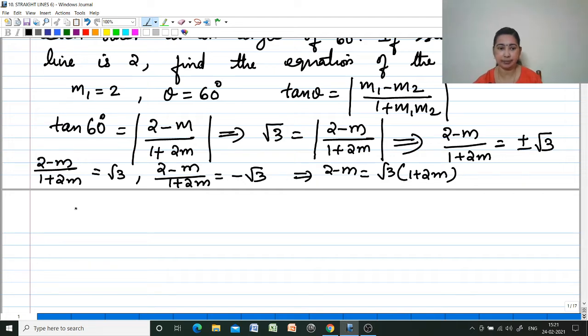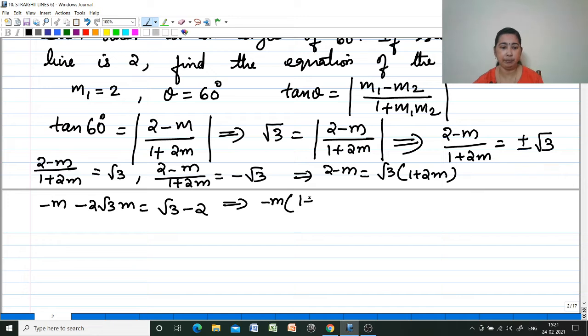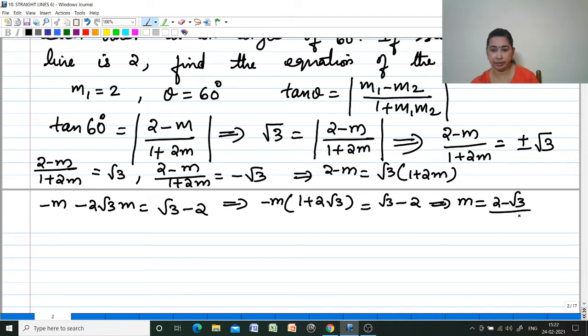So, that is minus m minus 2 root 3 m is equal to root 3 minus 2. That is, minus m, taking out (1 plus 2 root 3), is equal to root 3 minus 2, or m can be written as (2 minus root 3) divided by (1 plus 2 root 3).